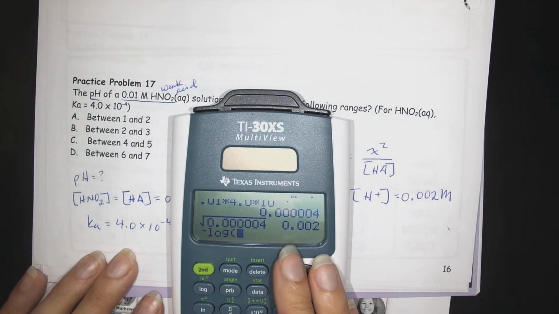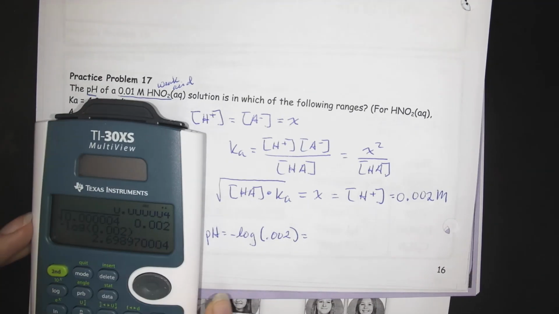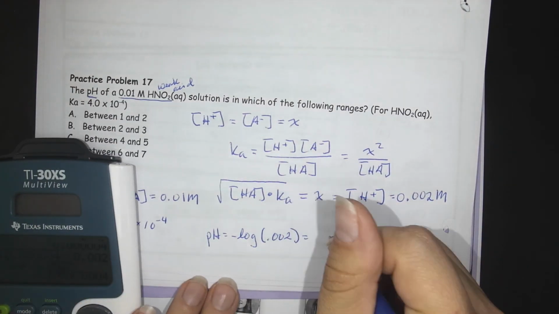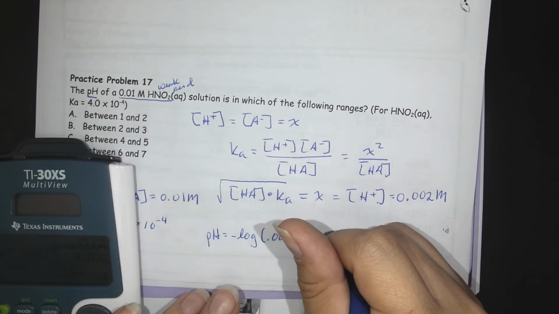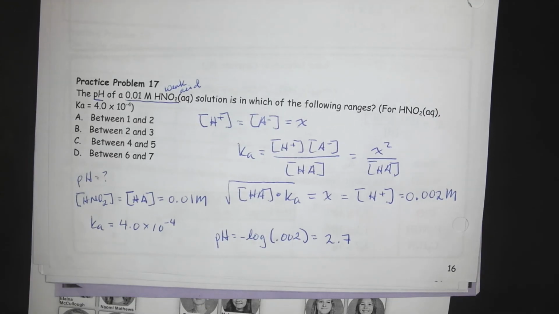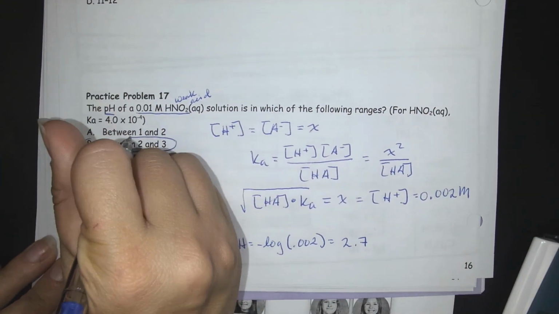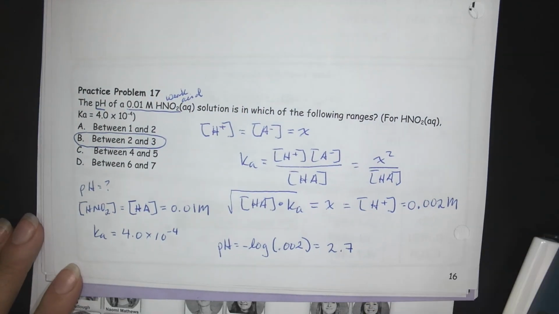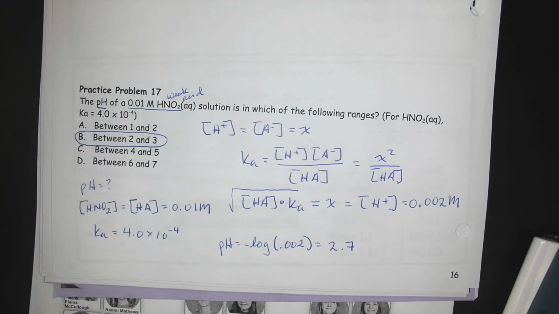The negative log of 0.002 is 2, let's see that concentration, 2.7. So that would mean my pH is in between 2 and 3. All right, nice.